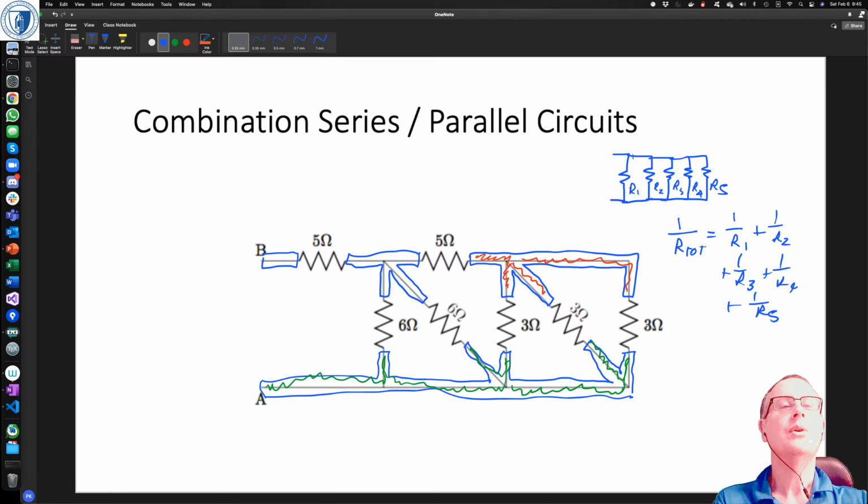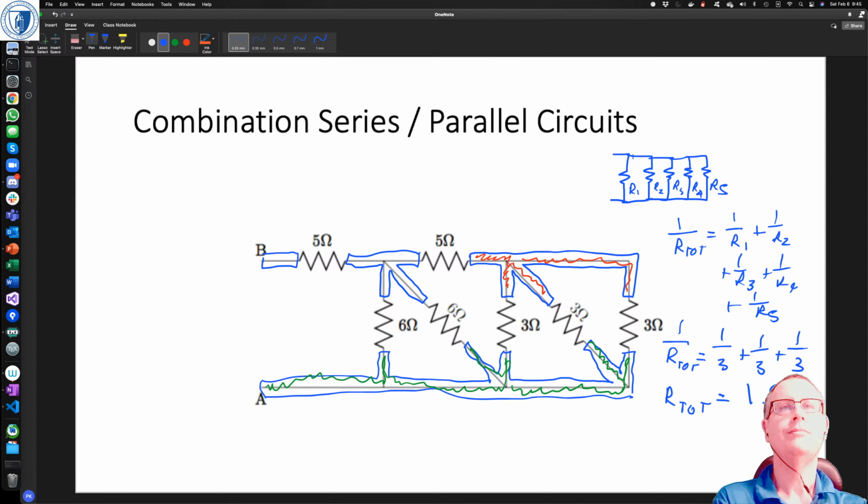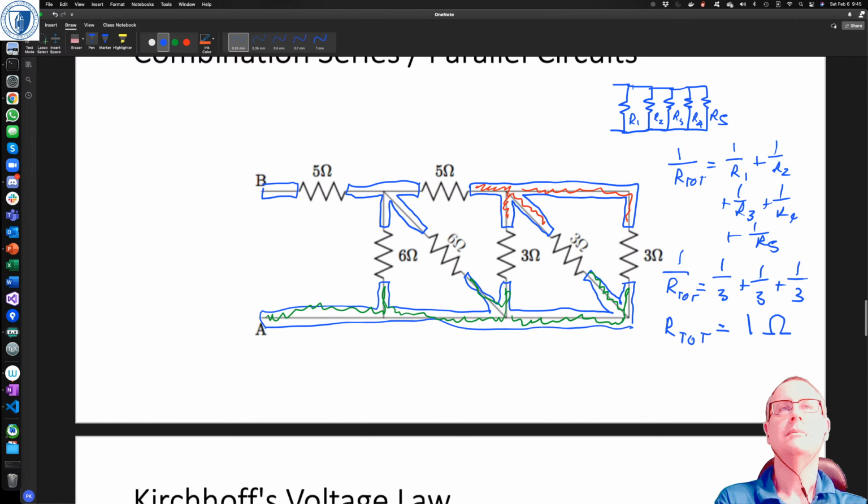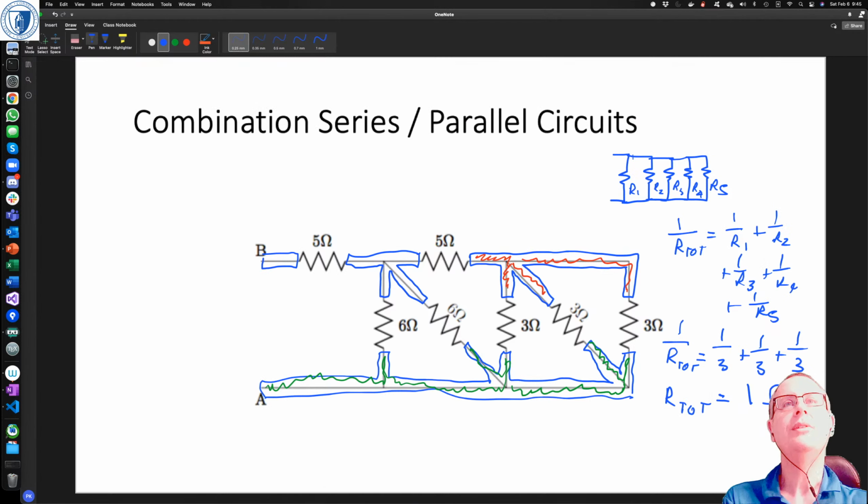So those are in parallel with each other, so their total equivalent resistance is 1 ohm. Okay, so what I can do is redraw this circuit by replacing those 3 resistors with a single 1 ohm resistor.